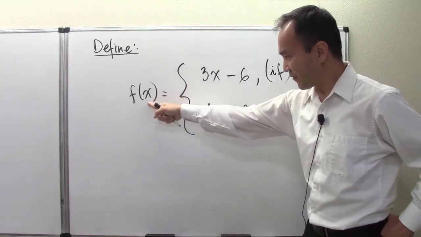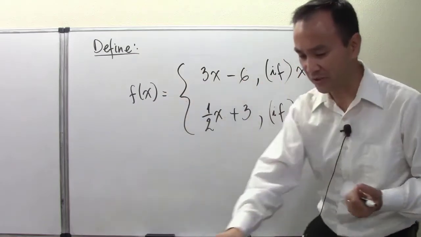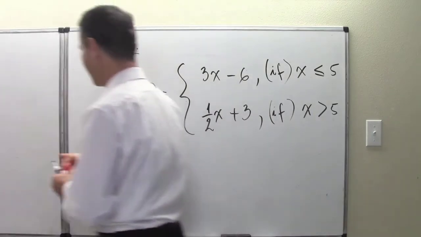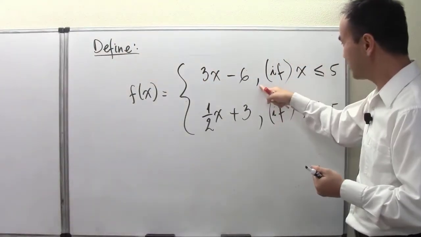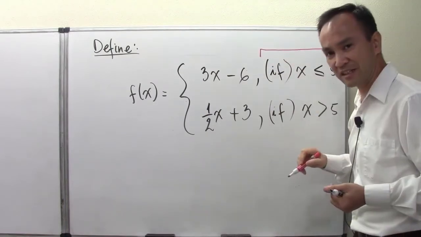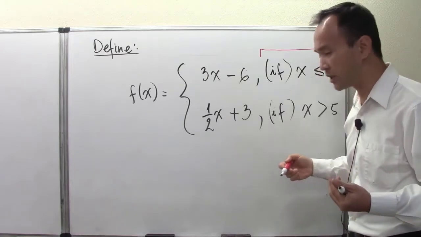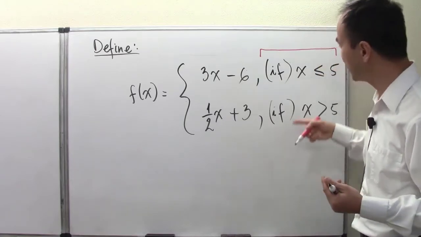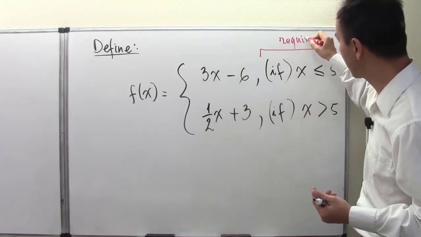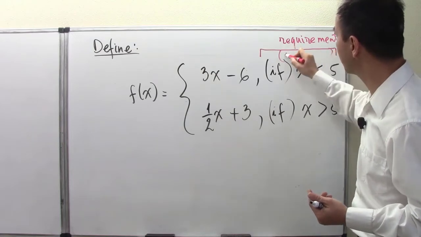For any input, the part right here after the comma, in my teaching experience, I've always referred to my students as the requirements, or alternatively, we can think of that as a condition.